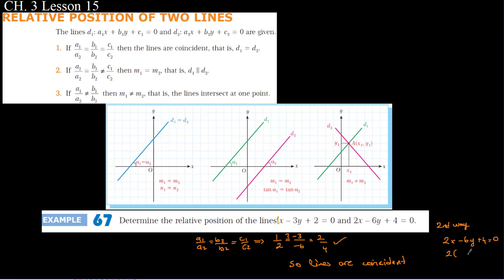If you factor out 2 with parentheses, it's going to be x minus 3y plus 2 times 2 is equal to 0. Then if 2 times something is equal to 0, that something should be 0, which means that x minus 3y plus 2 is equal to 0, and this is the equation here, this one. So it should be the same line, or coincident line, we can say.